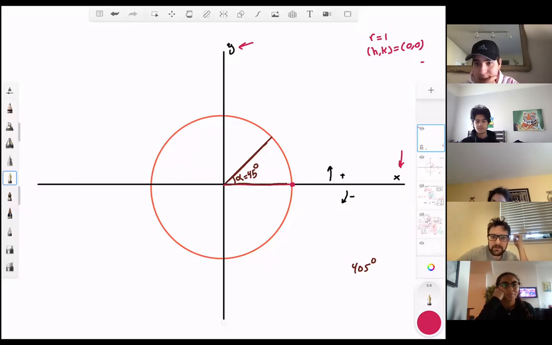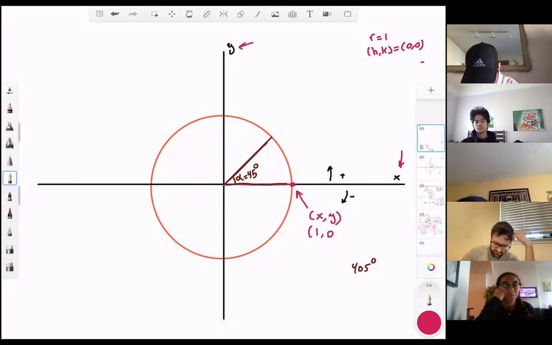Jason, what is the coordinate of that point? Coordinate means if it's X comma Y, what is the value of X? What's the value of Y? 1, 0. Excellent. X is 1, Y is 0.